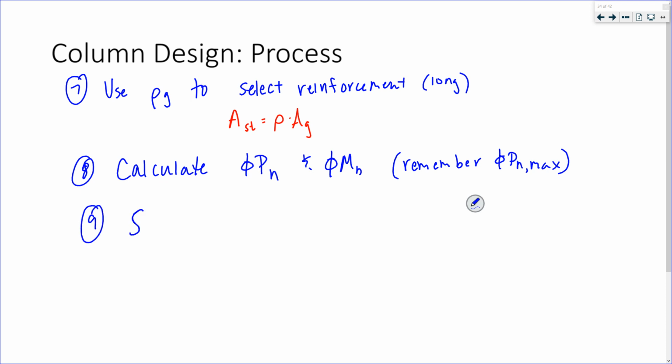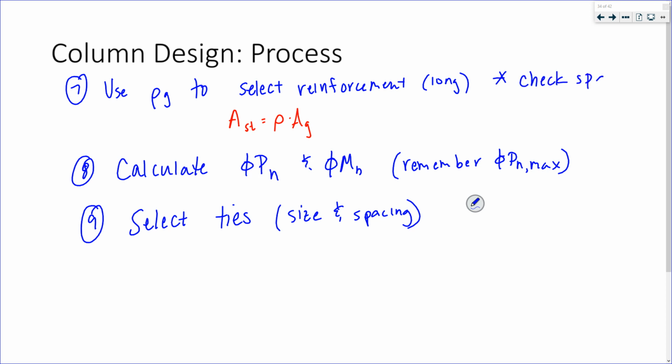Nine, select your ties, which, if it was a 10 or less, it could be a number 3. Beyond that has to be a number 4. And the spacing, I guess this one here, you also have to check your spacing, right? Your detailing requirements. Select our ties, size, and spacing.